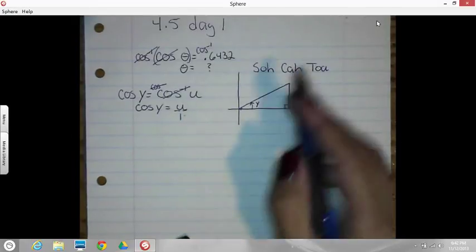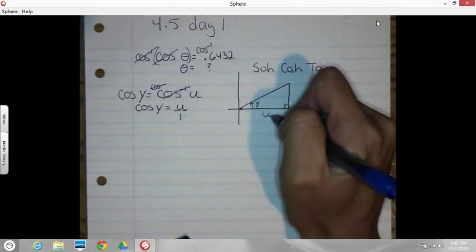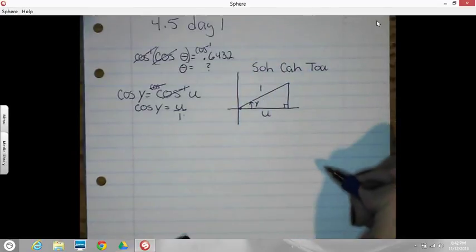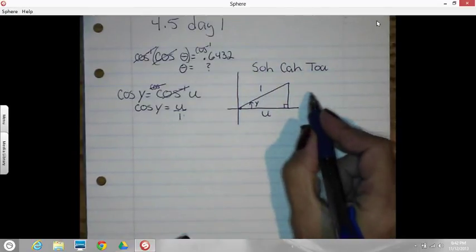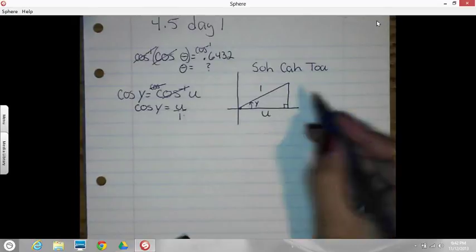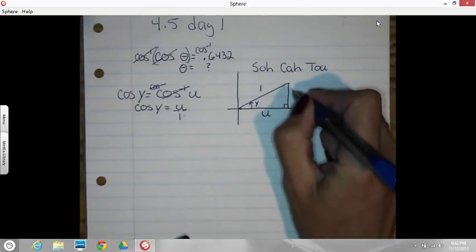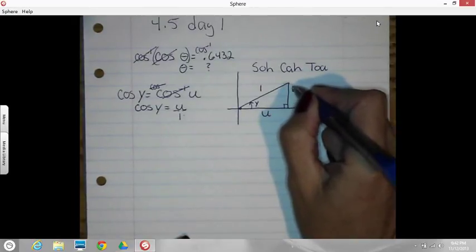So I can label the triangle with the adjacent side u, hypotenuse 1. I can do a little Pythagorean theorem to get this opposite side. I'm just going to put a little placeholder there, a little b maybe. I'd use O, but it's going to look like a 0.